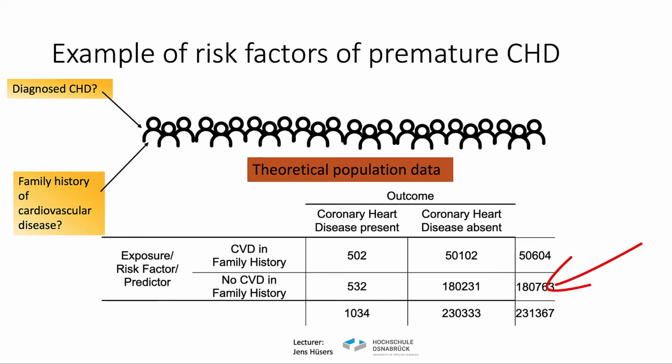The total number of individuals in this region is about 230,000, which is a lot of data. Usually, in real-life research situations, we don't have data about every single subject in a population. But for this session, we pretend that we have the population data at our disposal.